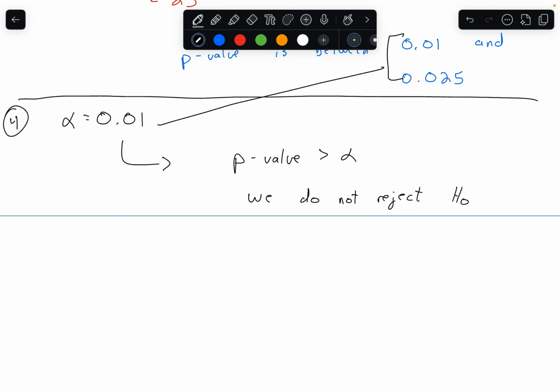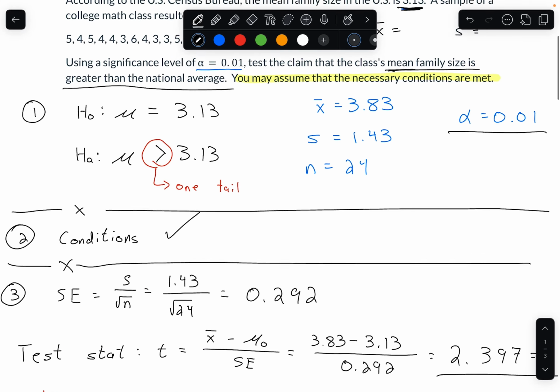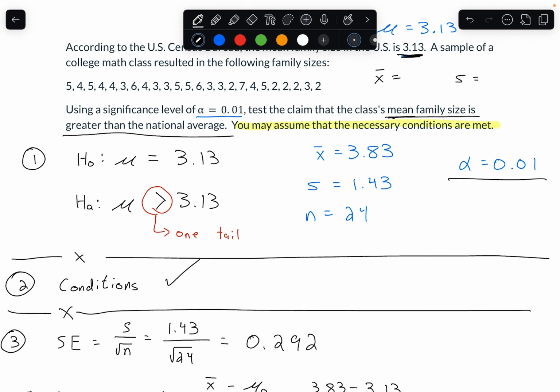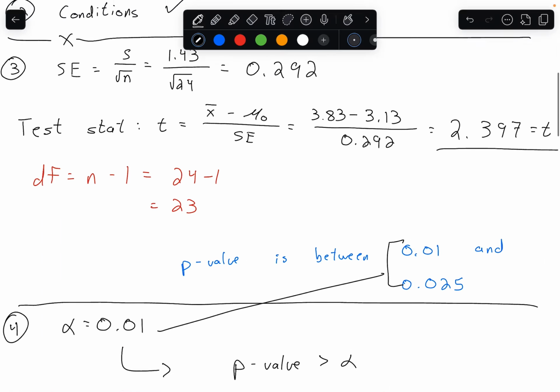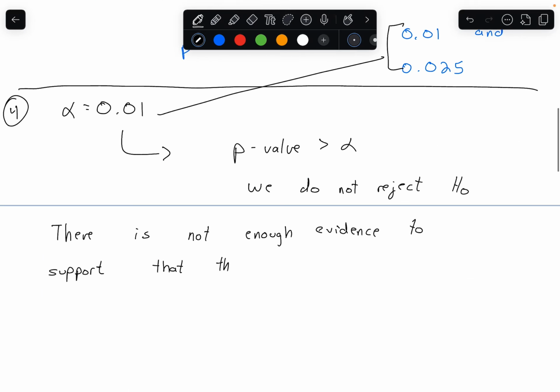So, in the context of my problem, there is not enough evidence to support that the class's mean family size is greater than the national average.